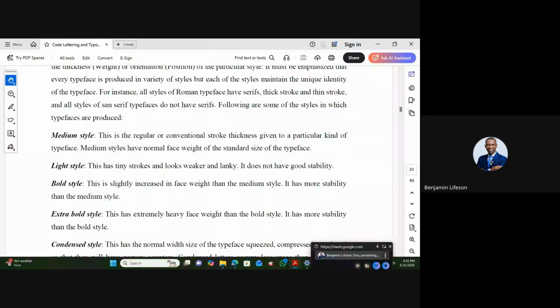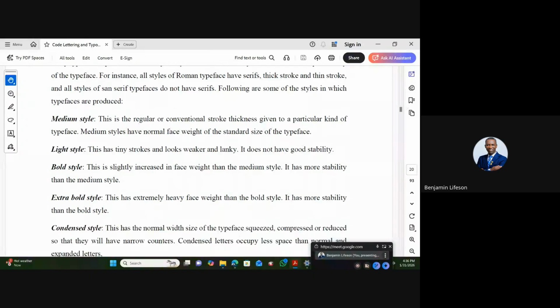We should make it romantic and say the person is stout, but the person is fat. Someone is lanky. The same way, if you are talking about letters too, we are looking at the appearance, how they look. Some people prefer big bodies, some people prefer slim things. Just like the letters are, we also have the styles.